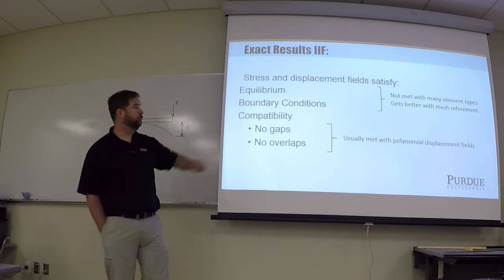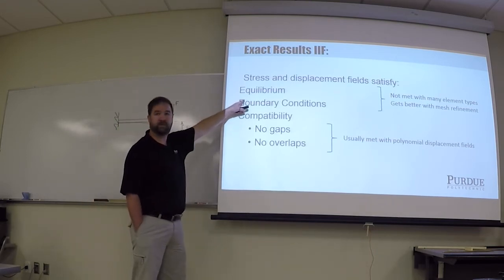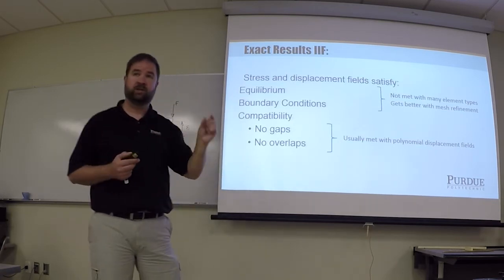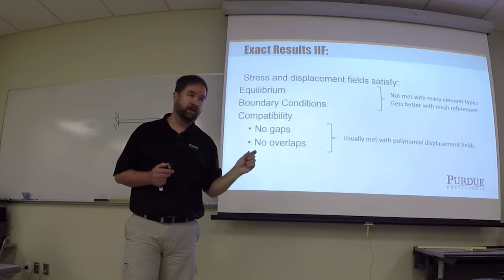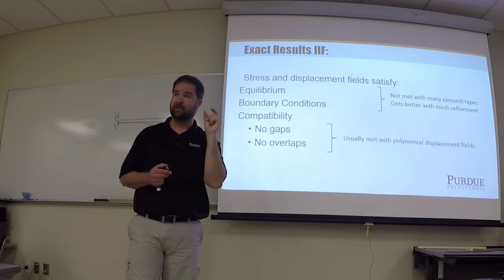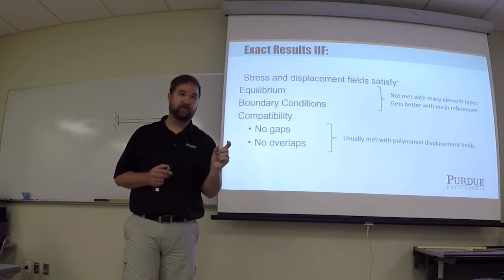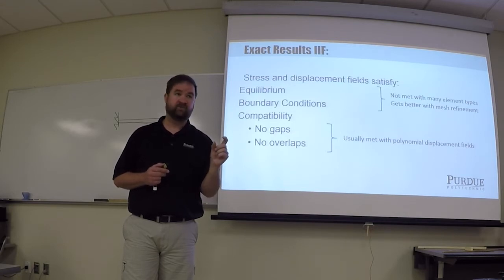So, most of our element types, our formulation, remember our element types are a mathematical representation of physical reality. We're trying to get as close as possible to reality, but invariably we're making some assumptions. And because we're making some assumptions, it doesn't match reality exactly.